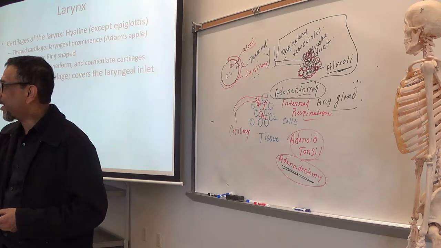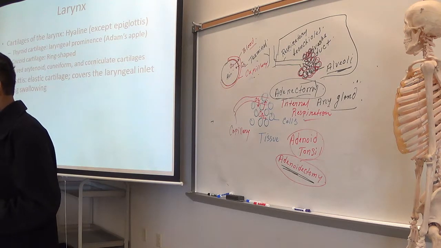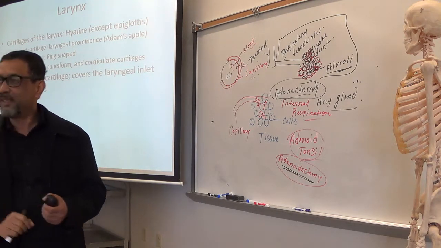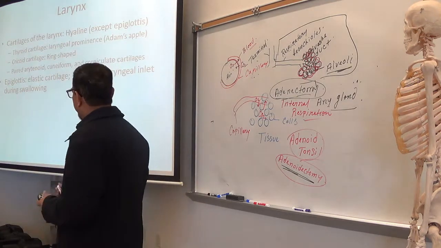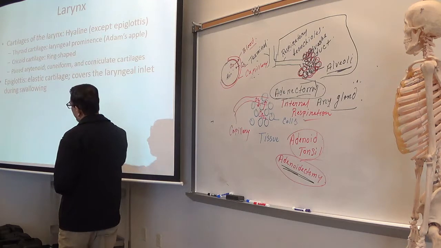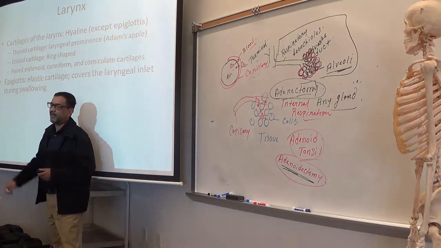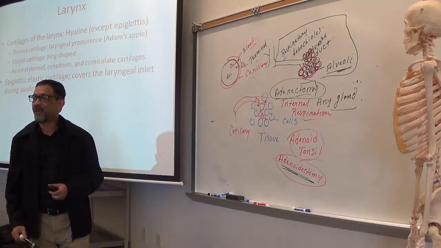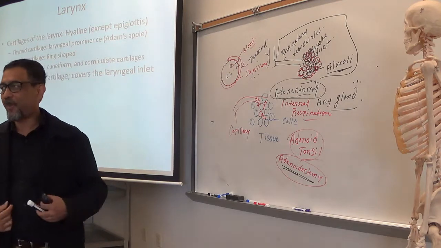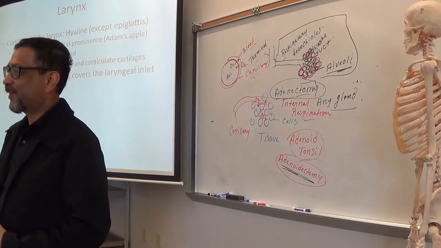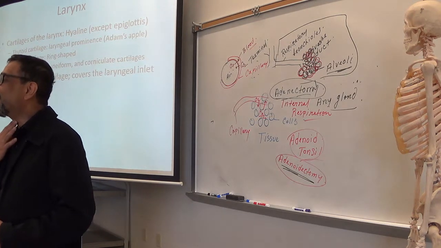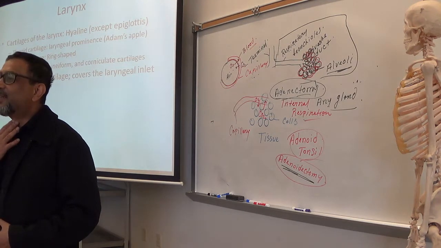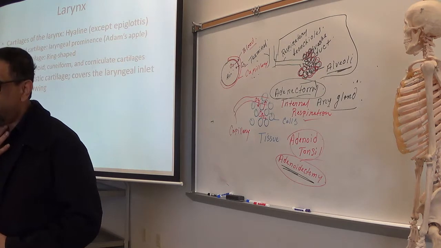So paired and unpaired cartilages. Let's first see the largest cartilage. The largest cartilage of the larynx is the thyroid cartilage. Which one is thyroid cartilage? Anybody? Adam's apple. What is Adam's apple? Right, this one, right? So that is the thyroid cartilage.